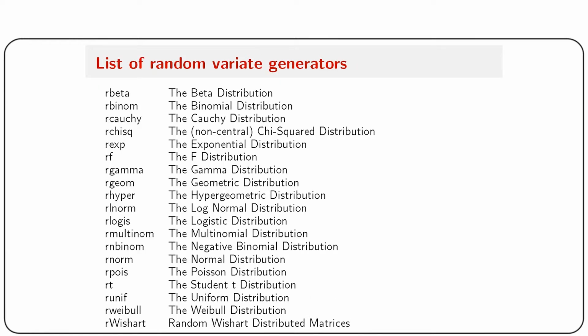So here is the list of all random variate generators in R. It has rbeta, rbinom, rcauchy, rchisq, rexp, rf, rgamma, rgeom, rhyper, rlnorm, rlogis, rmultinom, rnbinom, rnorm, rpois, rt, runif, rweibull, and even a random Wishart distributed matrix also can be generated. And these are the list of the random variate generators available that come with the basic function.